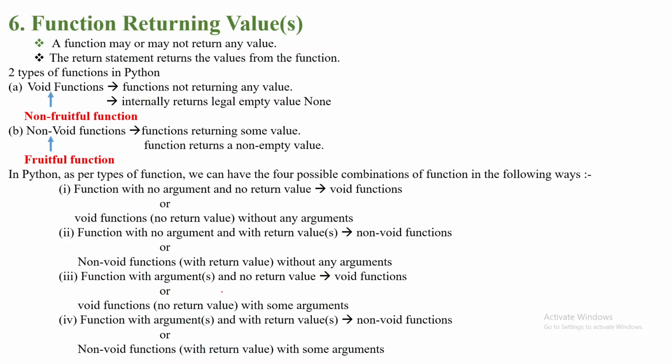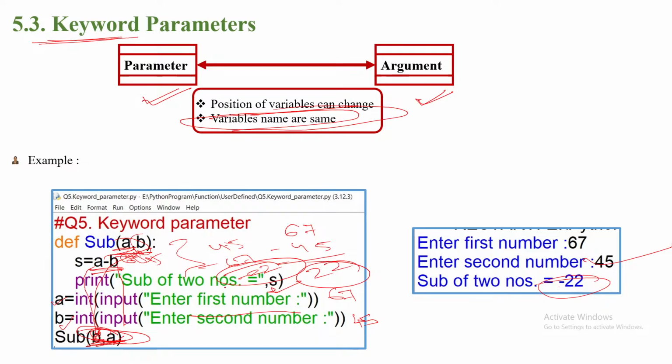So what have we seen now? Three types of parameters. Which ones? Default, then positional, and then keyword. Okay, so default parameter, I will write here P and then A. Argument not passing, parameter receiving.